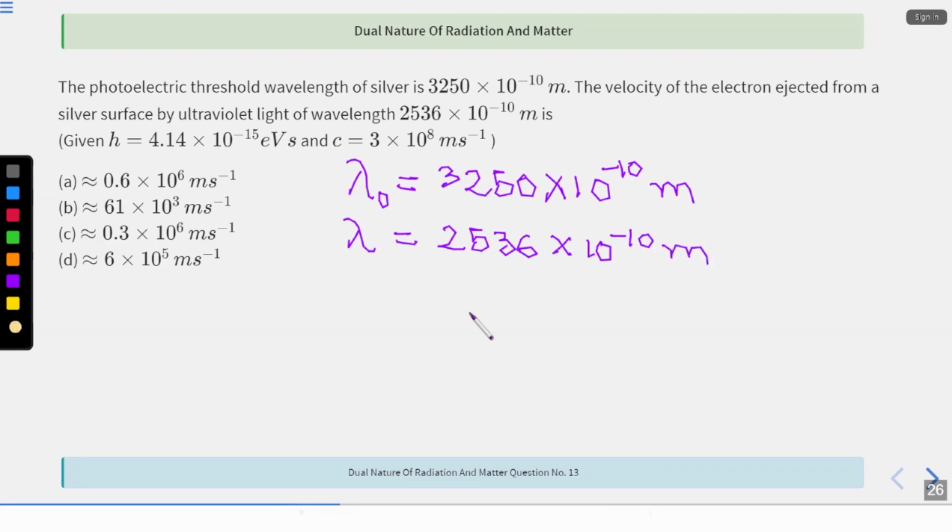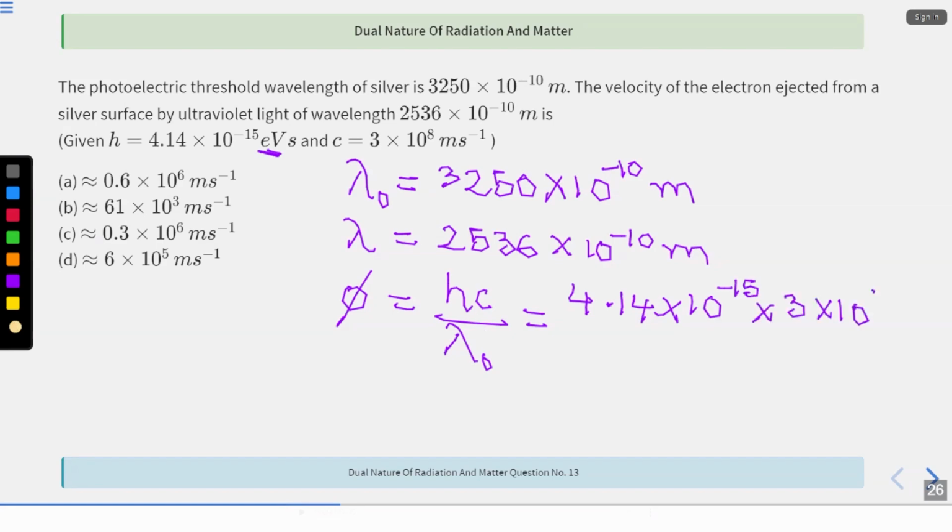Yeah. So we know that phi would be equal to hc by lambda naught, right? So I can substitute the values over here. We have been given the value of h, and that is 4.14 into 10 to the power minus 15 (you can see that there is a change in the units), into 3 into 10 to the power 8 divided by lambda naught, which is 3250 into 10 to the power minus 10.